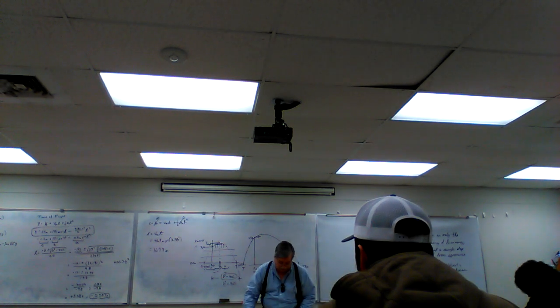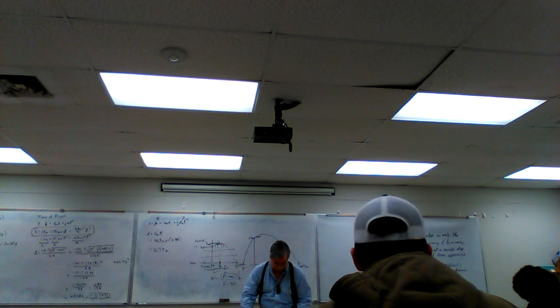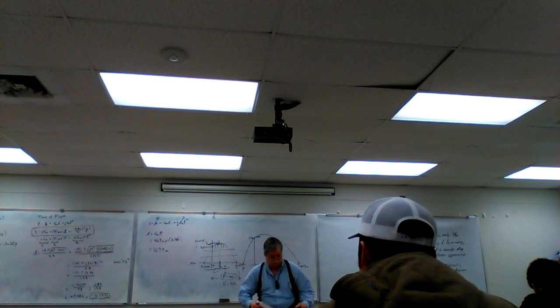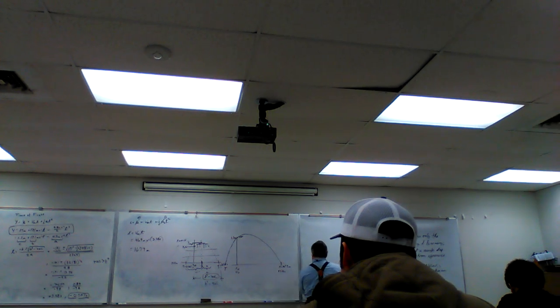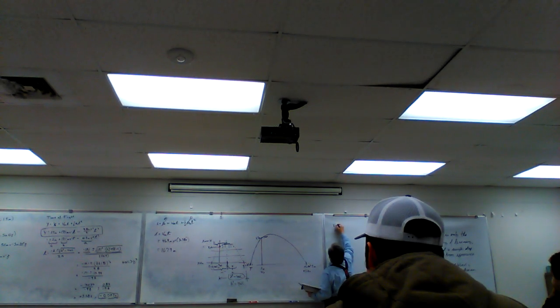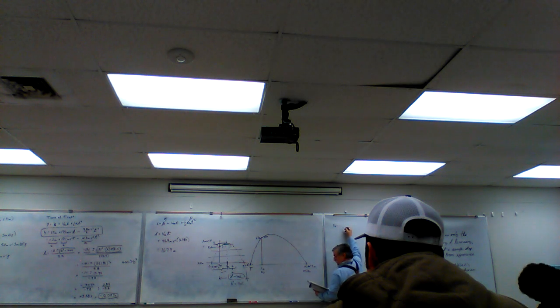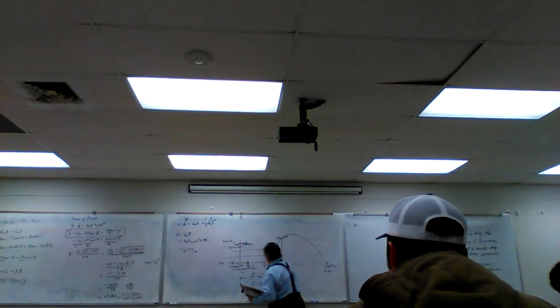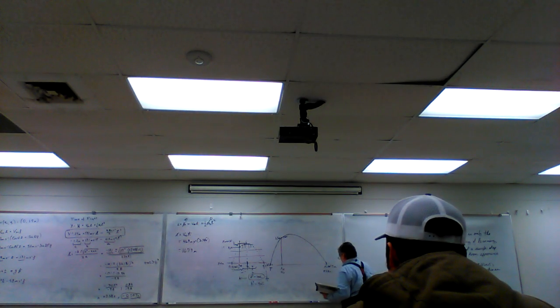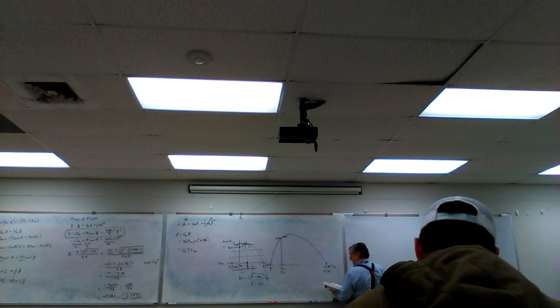So we're going to start with V sub x is equal to, you know what, let me go ahead and do this, because they're presenting them to you already broken apart into horizontal and vertical components.